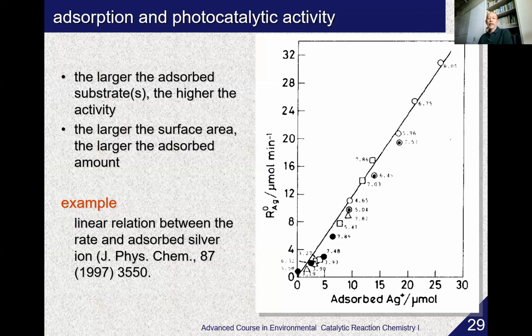If the amount of adsorbed silver ion is the same, different concentrations of silver ion solution gave almost the same reaction rate. So this is very important. Therefore, it is possible to predict the reaction rate by assuming the adsorbed amount of substrate.